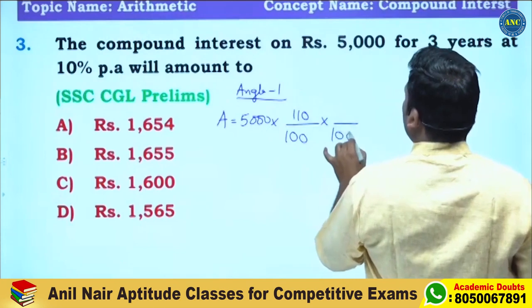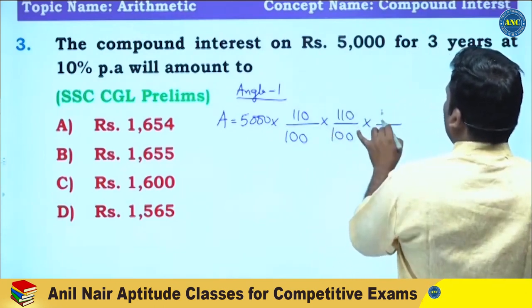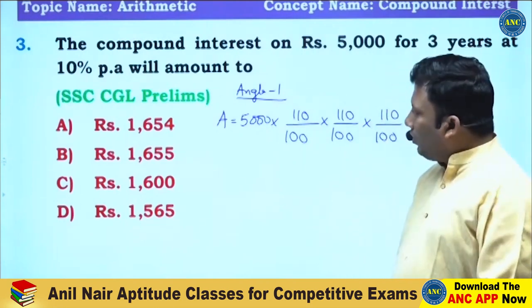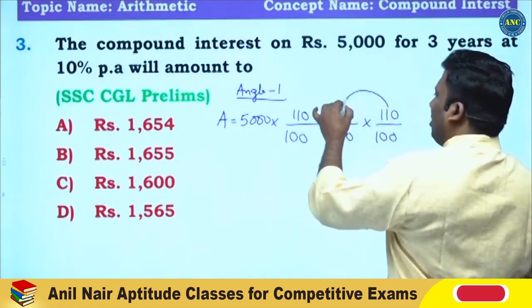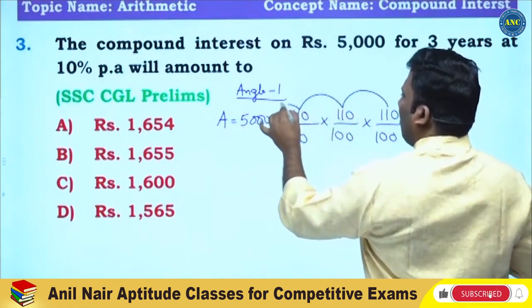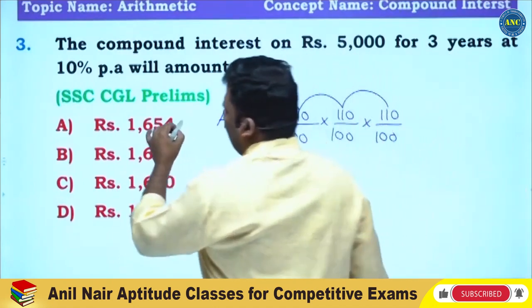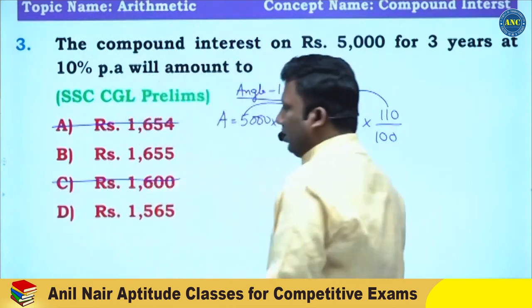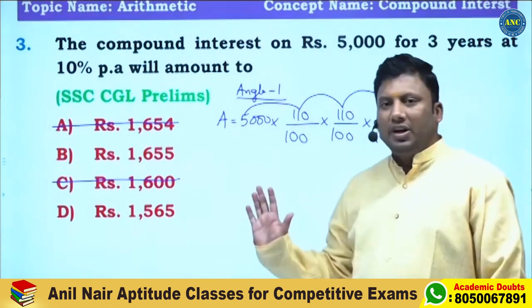Now, 5,000, what is the rightmost non-zero digit? 1 five is 5. The rightmost non-zero digit is 5. Definitely the first option is eliminated. Definitely the second option is eliminated. I hope it is clear.